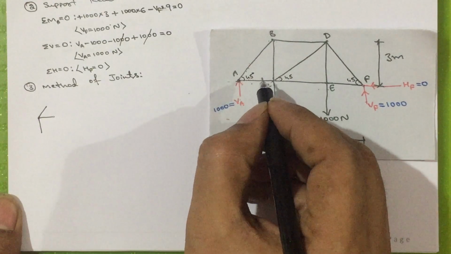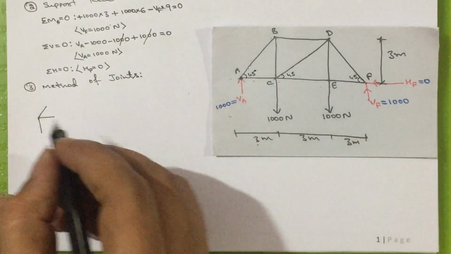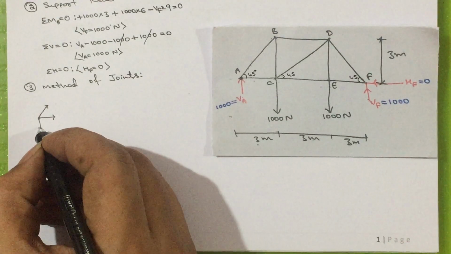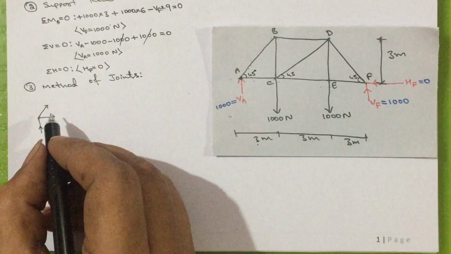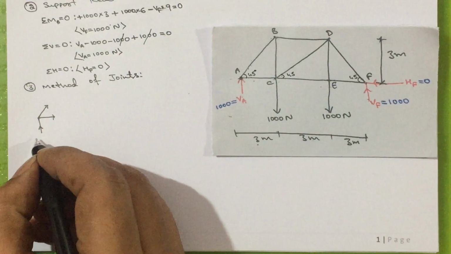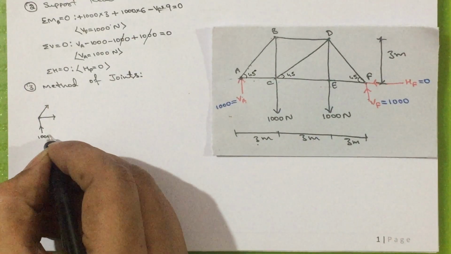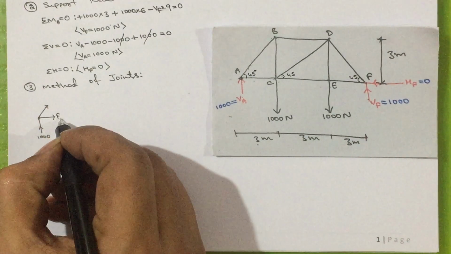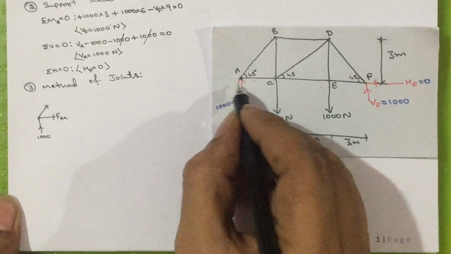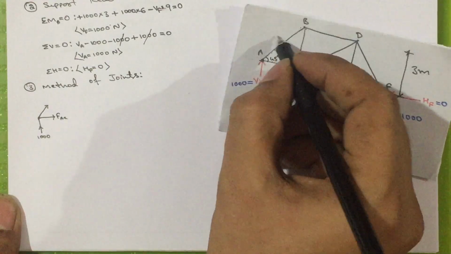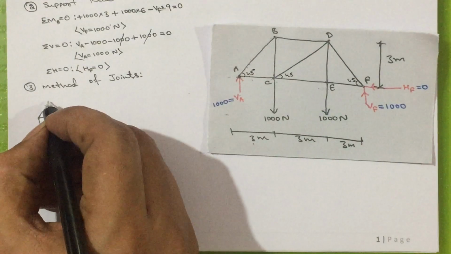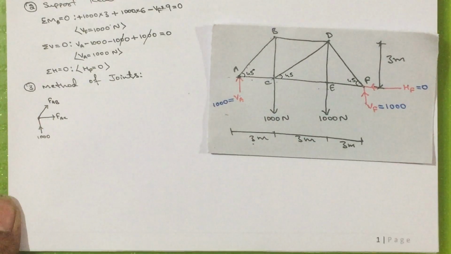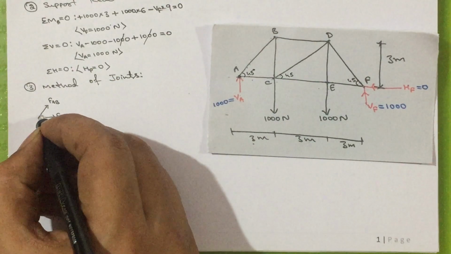Since in the beginning we assume that all the members are subjected to tension, so write the outside arrow. Now, point, line, direction is over, then magnitude, this is 1000, then this one we do not know, we need to calculate. So, force in the member AC, then this will be force in the member AB. So, the angle is given as 45 degree.